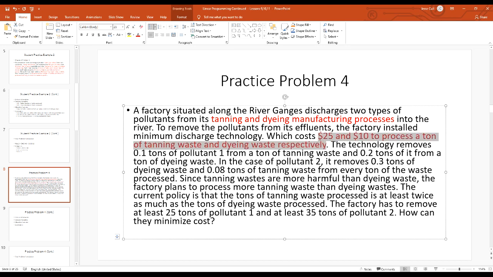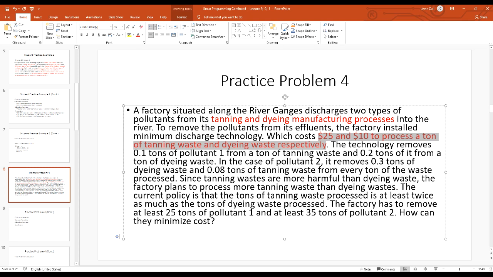What this tells us is that because we're relating cost to decisions, we now know this is related to our objective function. Because it's relating cost and decisions, that becomes key. So we know we have this relevant information.